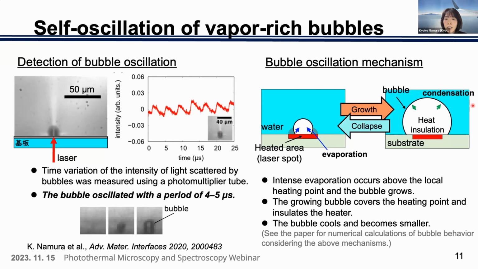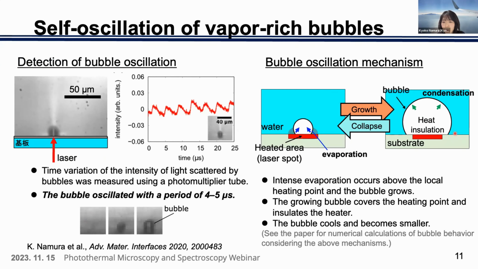The mechanism of the bubble oscillation is currently considered to be as shown here. First, when the bubble is small, intense evaporation occurs above the local heating point, and the bubble grows. However, the growing bubble soon covers the heating point and insulates the heat.